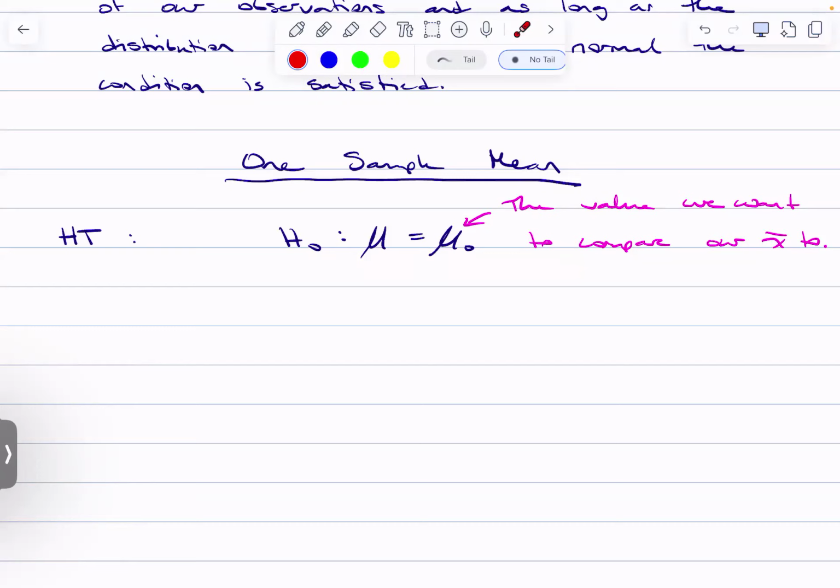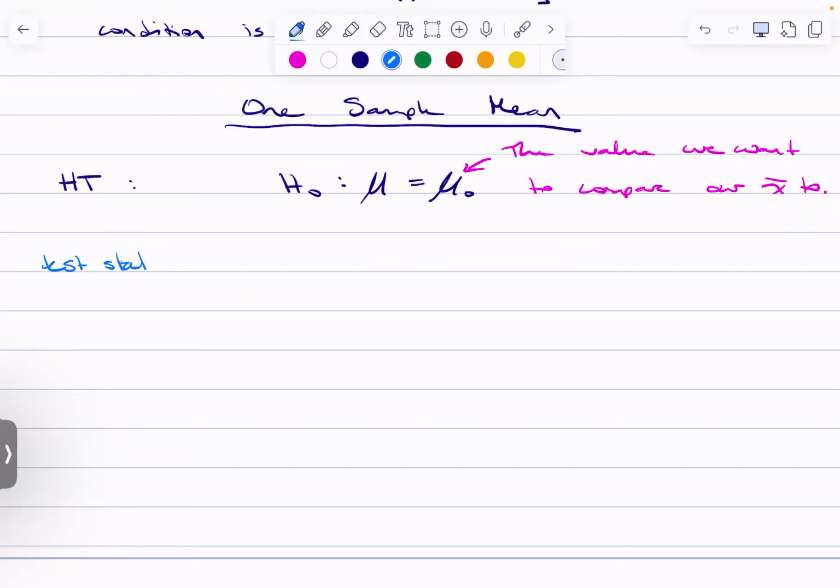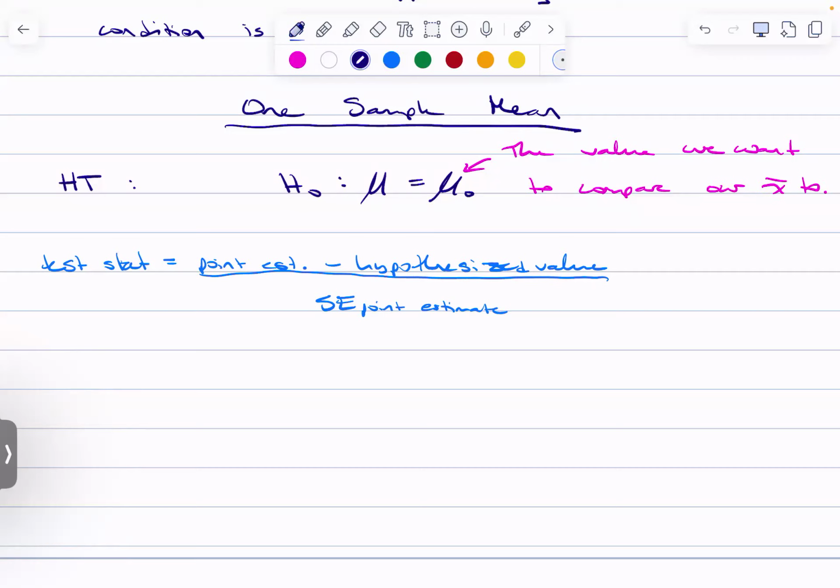And so my test statistic, remember, any test statistic is going to be your point estimate minus your hypothesized value divided by the standard error of the point estimate. That's been the setup all along. I know it doesn't feel like it, but it has been.